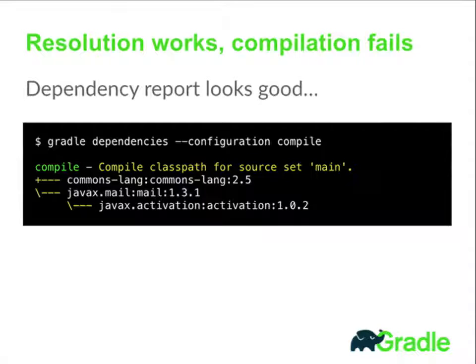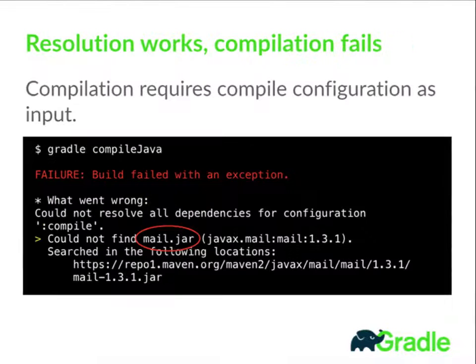And you can see it also has a transitive dependency here, the activation library. But if we run compileJava, it tells us, well, we could resolve probably everything except the jar file in this case. So you can still run into situations where the dependency report looks okay, but a specific artifact cannot be resolved.